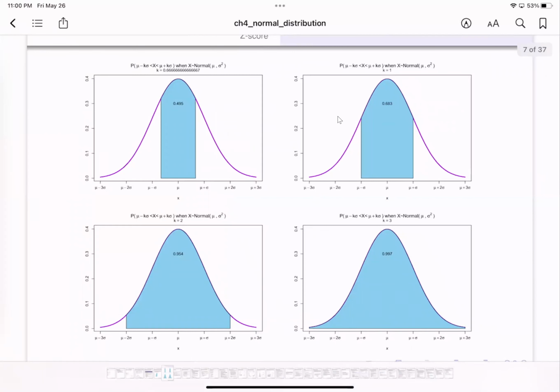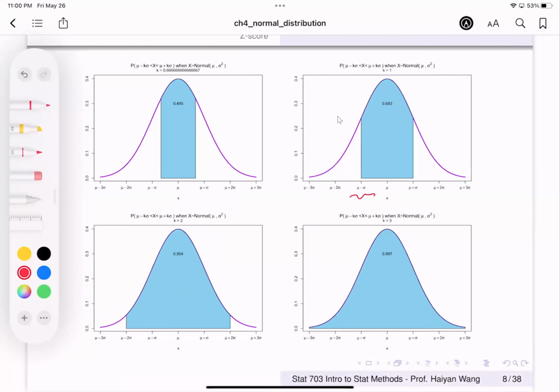So here is the PDF again and also the area under the curve, which is the probability. If we consider K to be 2/3, so 2/3 standard deviation below and above the mean, that gives us about 50% in the middle. And if we consider 1 standard deviation, so here, if you look at it, this is mu minus sigma, and here's mu plus sigma. 1 standard deviation, here's the mean.